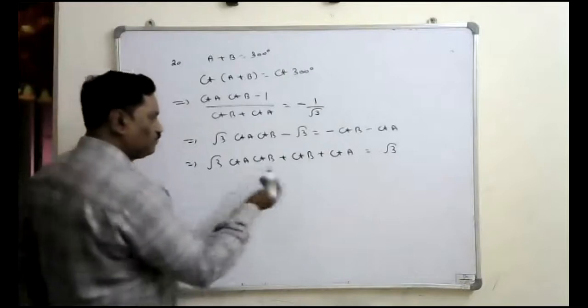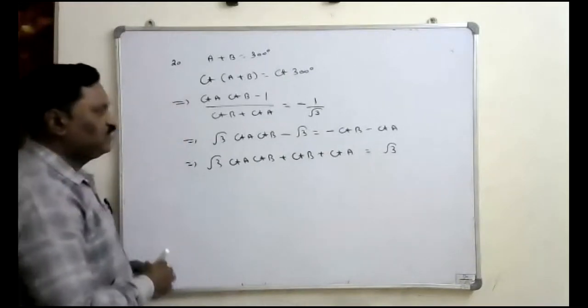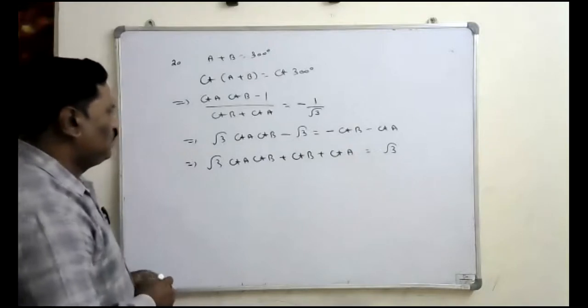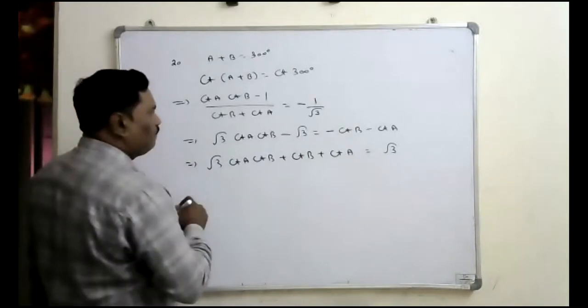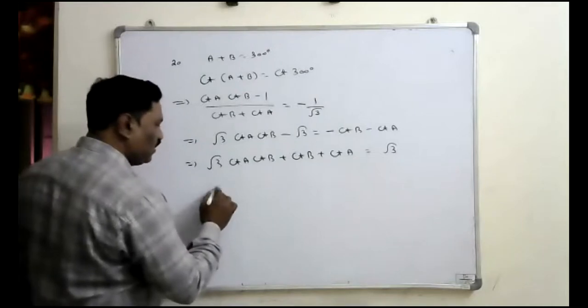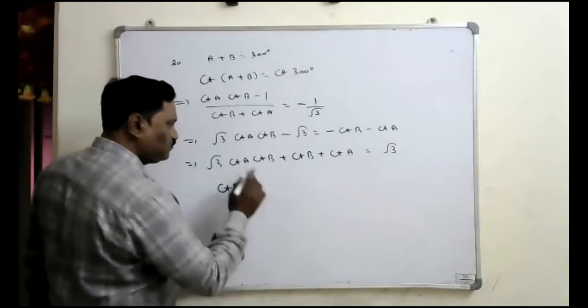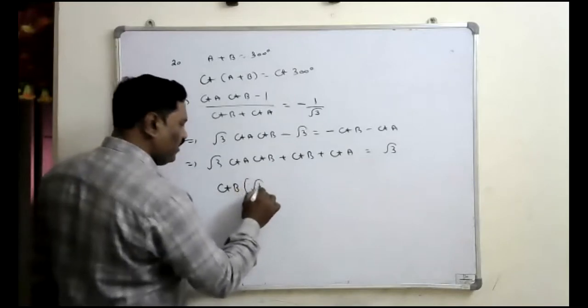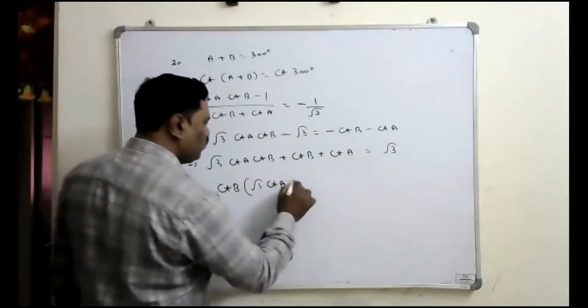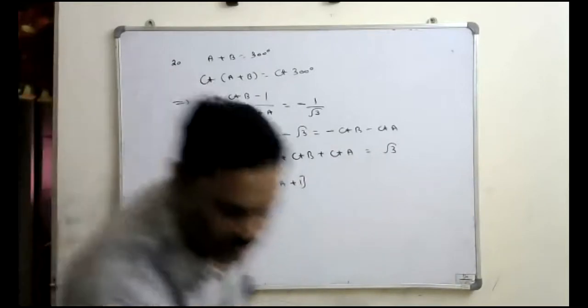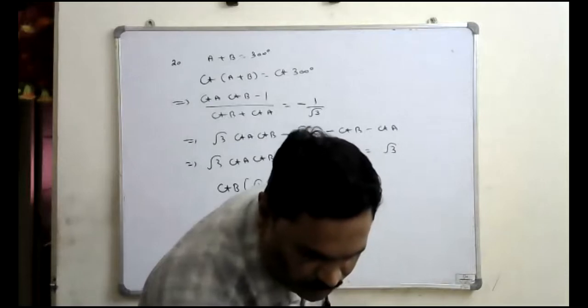Now from these two terms, what can we take common? Cot B, cot A. Because we want root 3 cot A. So we can take cot A common. Then root 3 cot A plus 1 will be there. But here also we want 1. Just a minute, let me see the problem.